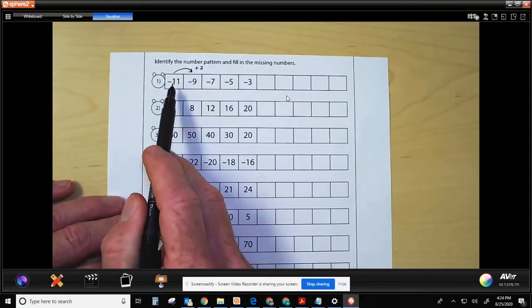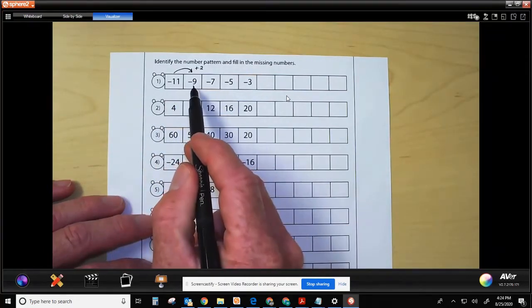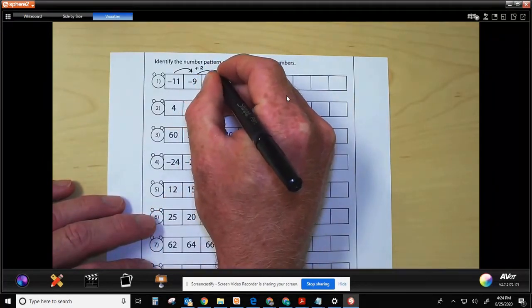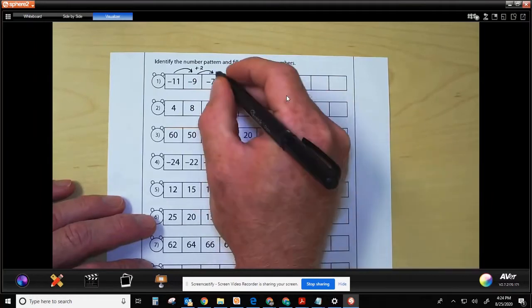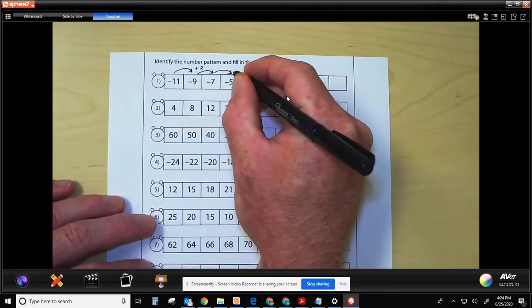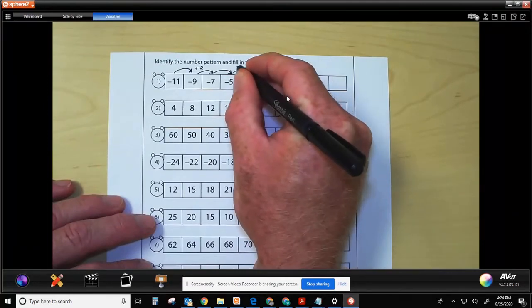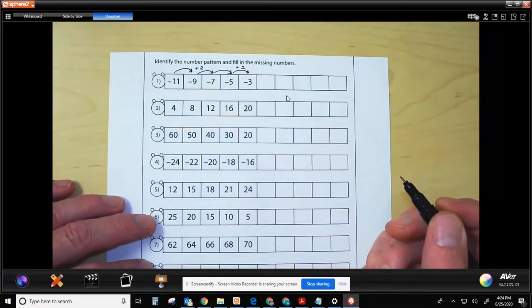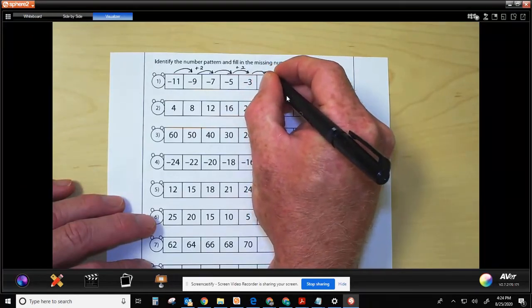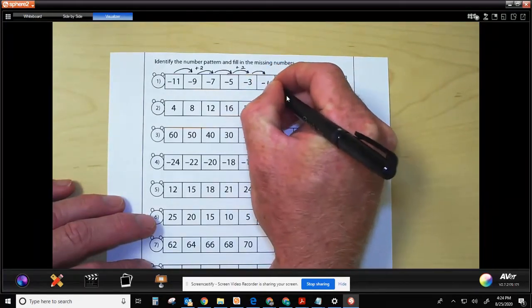Positive 2 was added to negative 11 to get negative 9. And this is consistent. Plus 2: negative 7 plus 2 equals negative 5. Negative 5 plus 2 equals negative 3. And negative 3 plus 2 equals negative 1.